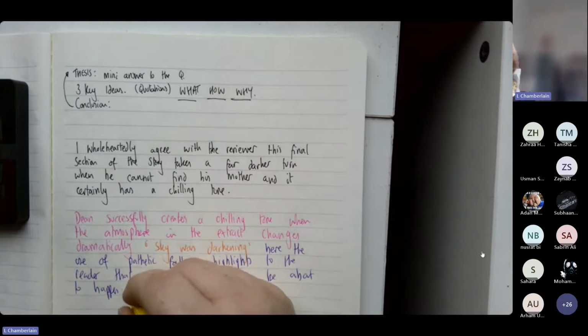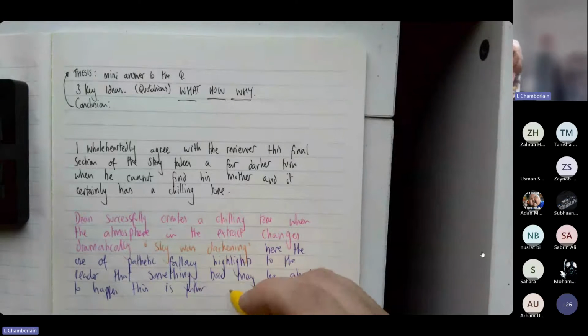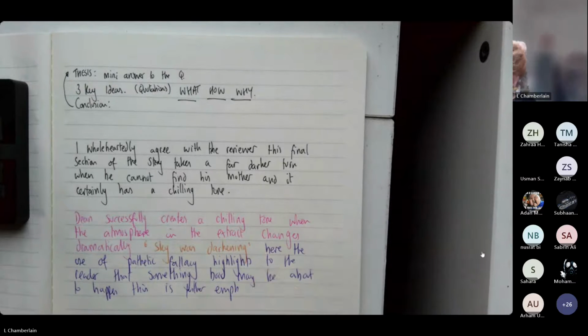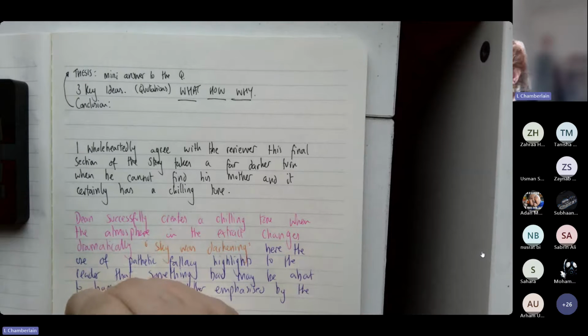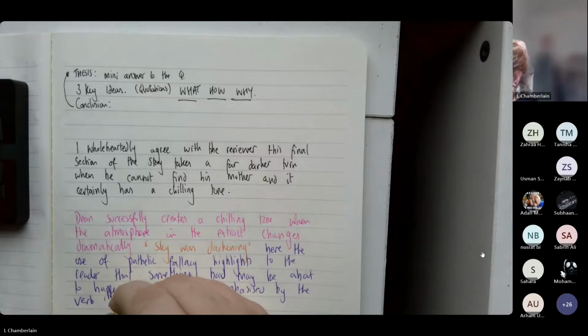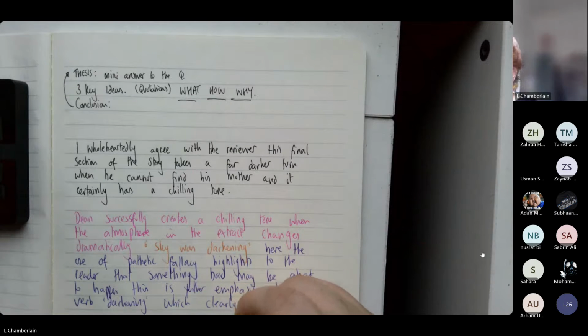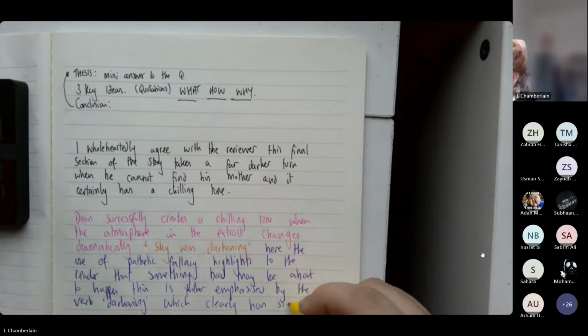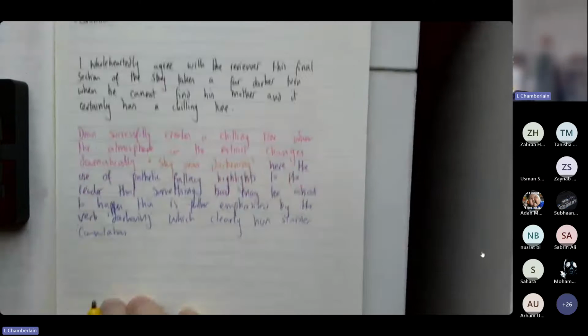This is further emphasized by the verb darkening, which clearly has sinister connotations.